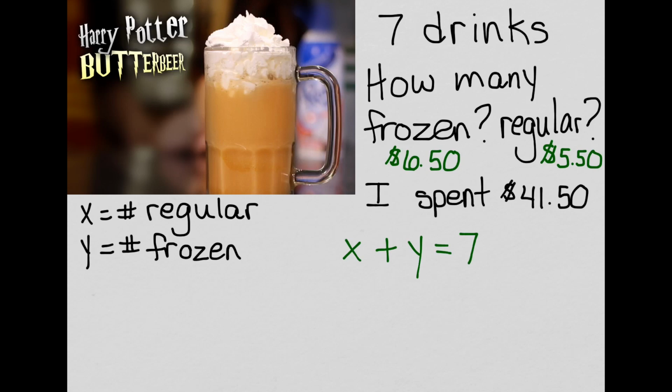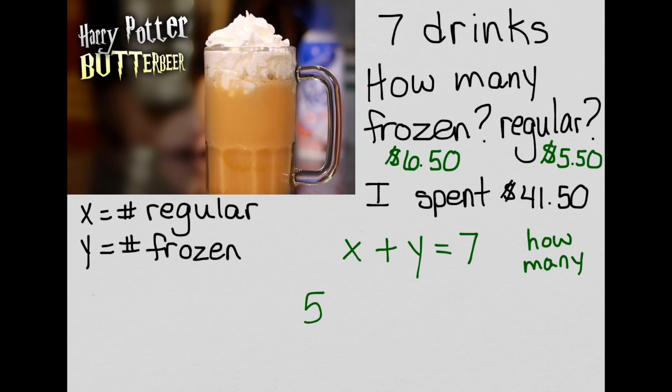And this is one of those systems where we're going to have one equation that represents how many, the quantity. Now, we also know something about how much each one cost, a value. So this is kind of like the coin problems also that you might see. We are now going to put a value on this. How much was each regular butterbeer? Well, it was $5.50.